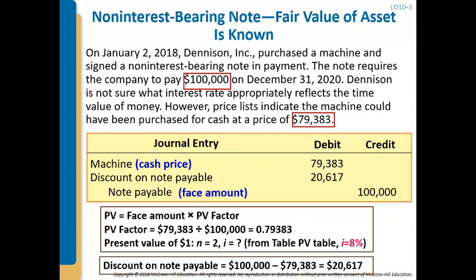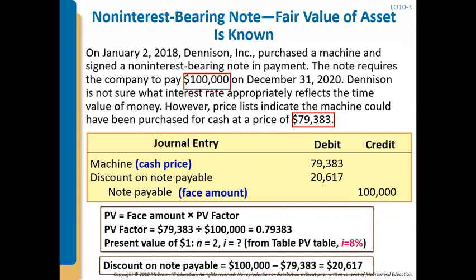They really made that difficult. Now, I believe we talked about how you figure out the interest rate on these things last term, so just look at that and make sure you understand that you've got a present value factor of 0.79383. You know the number of periods involved here.